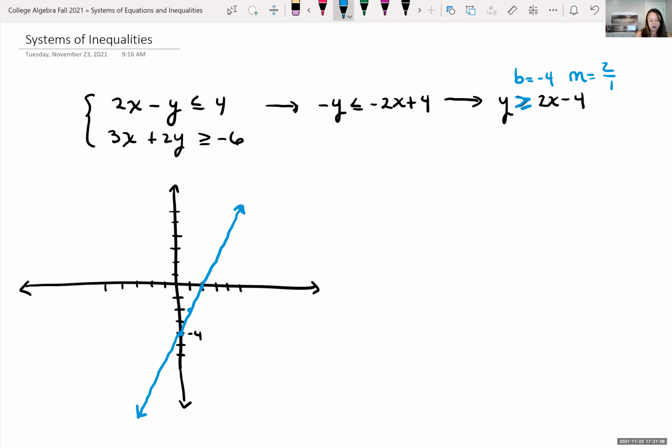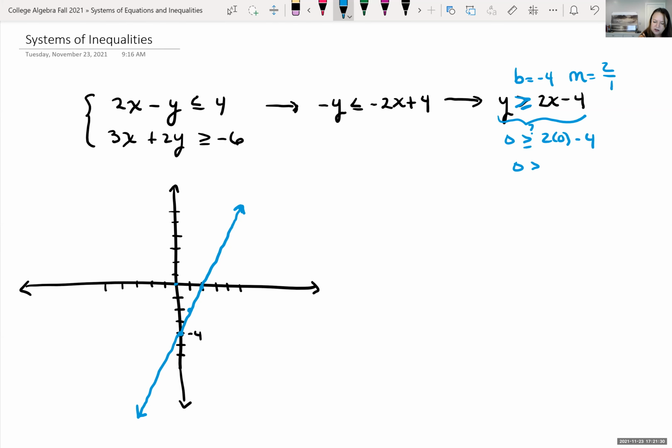If you're not sure where to shade, then you can always do a test point. Choose a point not on the line. So for instance, 0, 0, that's not on the line. If we plugged it back into this inequality, would that be true? Is 0 greater than or equal to 2 times 0 minus 4?